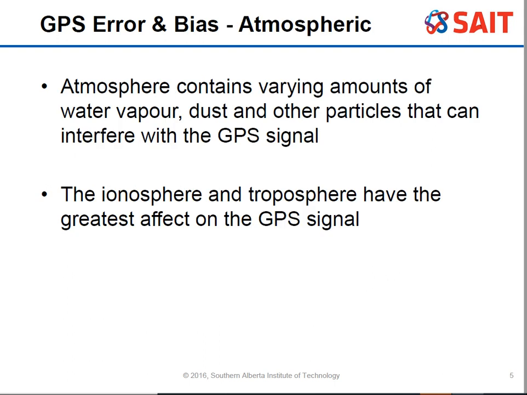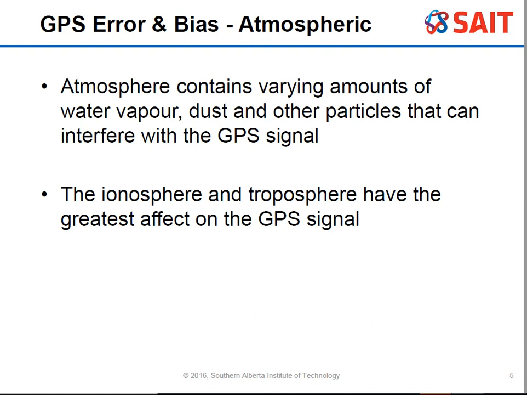So let's start with the first one, atmospheric errors and atmospheric conditions. The atmosphere contains different amounts of water, dust, and other particles, lots of stuff that can interfere with the GPS signal. Our atmosphere is not perfectly transparent.